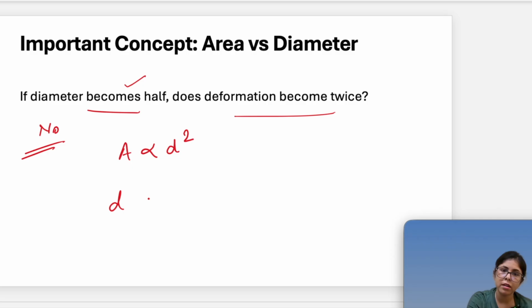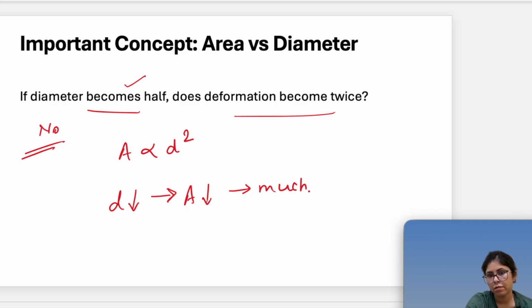So if diameter is reducing, you will see that area is also reducing, and because of the power, area reduces much faster. So much faster means elongation, deformation will not become twice, it will be more than that, right? These kinds of concepts can come in your exam.